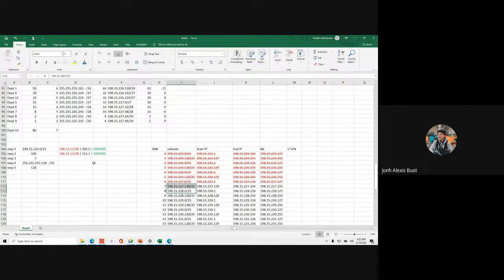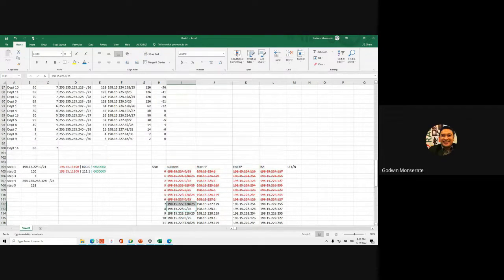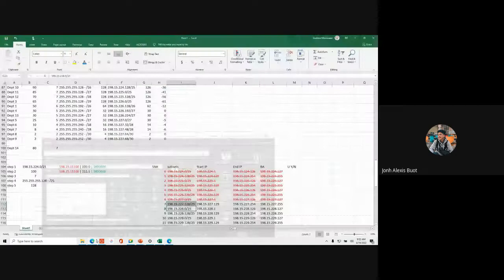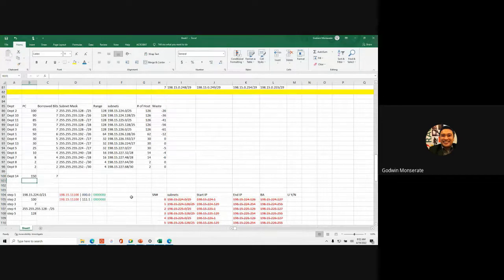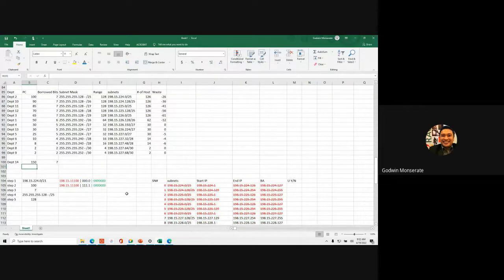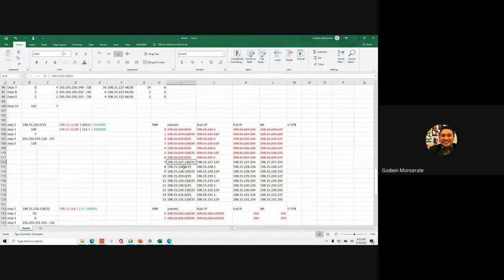What if 150, sir? What if 150 ang department 14? Mao na nakaroon ng problema nimo. Kung 150 ang imuhang kuhaon, kaning mga addresses nga na-compute na nimo nga daan, is sufficient only for 128.